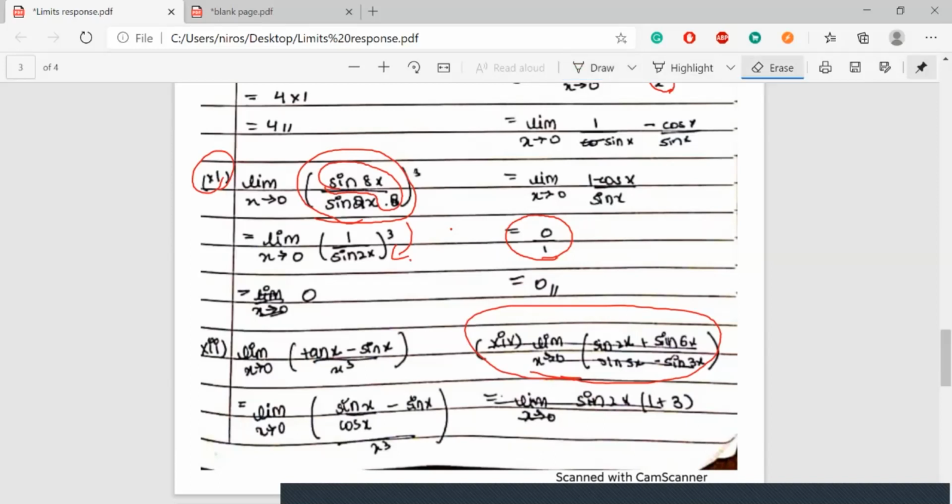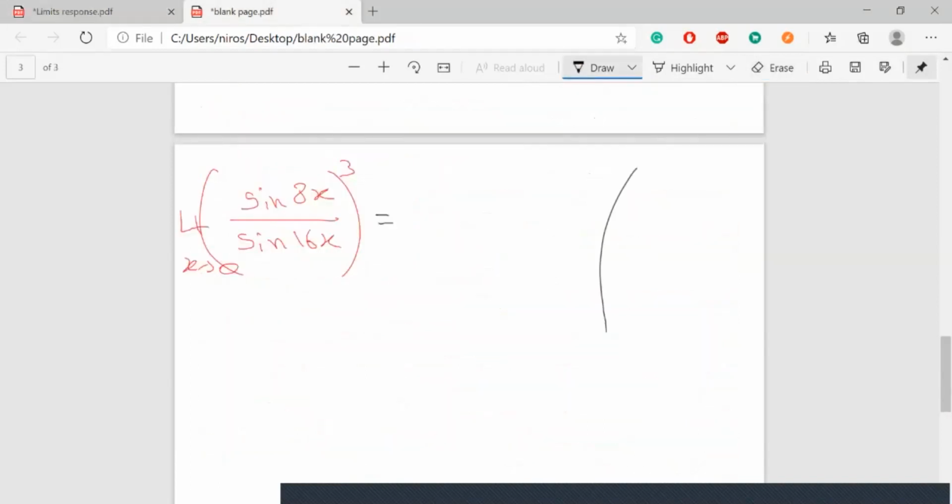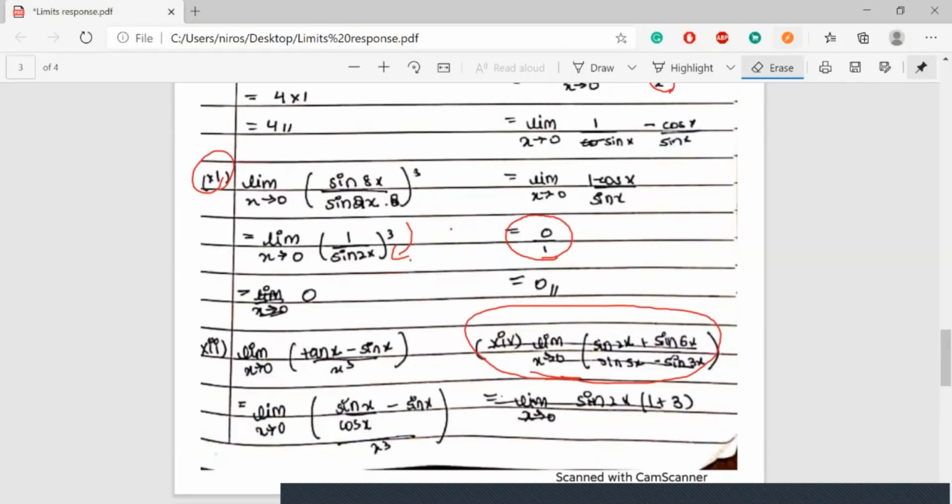If you are thinking like that also, just remember one thing. Let us suppose sine 8x by sine 16x.